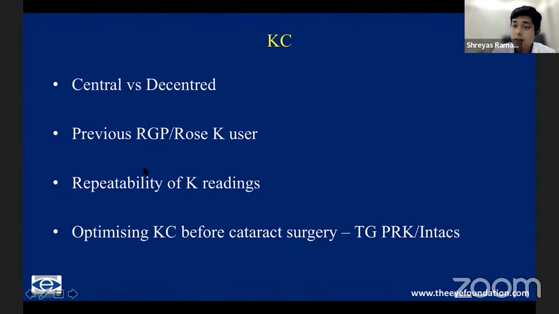Was the patient a previous RGP or ROSK user, and are they willing to continue wearing contact lenses after cataract surgery? If that is the case, then the debate ends here, because then monofocal is the answer, because any irregular astigmatism is going to be taken care of by the contact lens itself. But very often in our cataract surgery patients, the diagnosis of keratoconus can also be incidental.